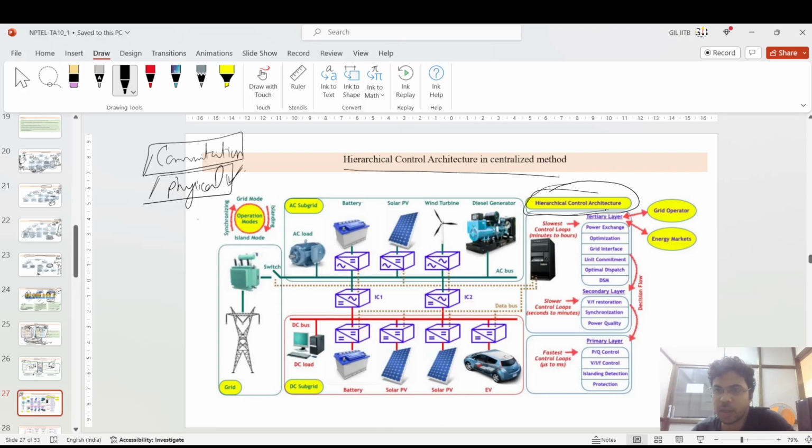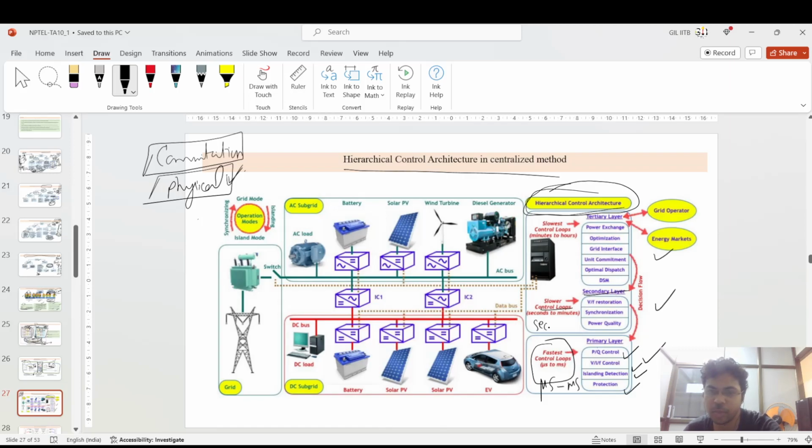So what happens in the hierarchical control architecture, if you see on the right side where my cursor is, there are three layers: primary layer, secondary layer, tertiary layer. In the primary layer, fast control loops are there. It happens in the microsecond to millisecond range. Here the primary layer control is the PQ based control, V/f based control, islanding detection, and the protection.